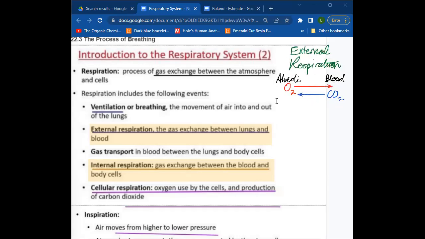Okay, and then the blood becomes oxygenated. The oxygenated blood travels back to the heart via pulmonary veins, and then the heart will pump the oxygenated blood out through the aorta to the rest of the body.